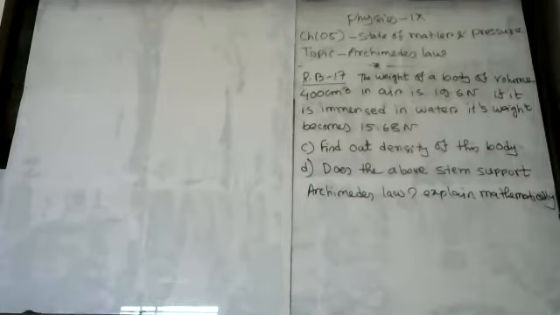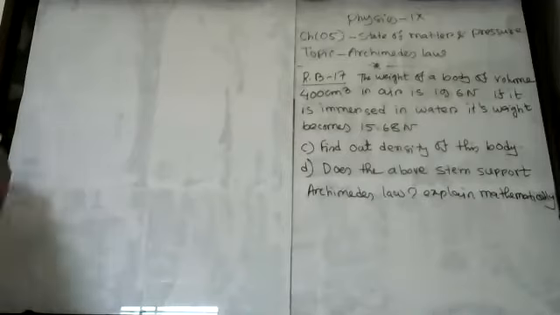Sir, first I can find out the mass. Since weight divided by gravity gives the mass. Okay, at first, very nice step. At first we're going to find out the mass of the body from the weight. Very good point. And then rho equal to M by V, mass divided by volume. Very good idea.